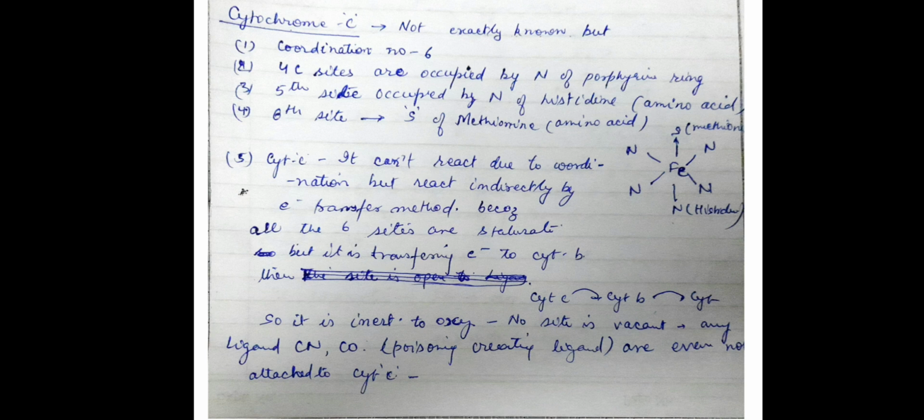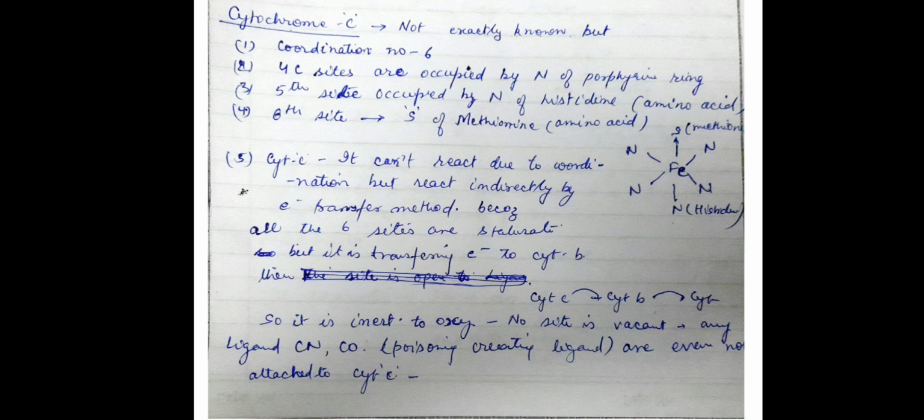Now, cytochrome C is inert because it accepts electrons from cytochrome B, as you see in the previous slide. So it indirectly transfers electrons to cytochrome A. It is inert to oxygen.